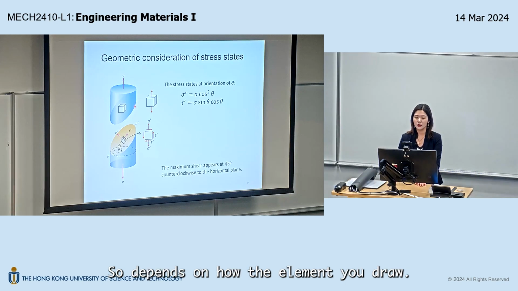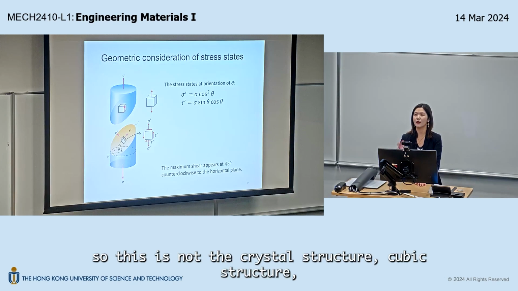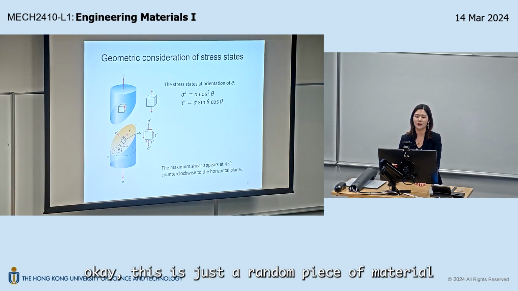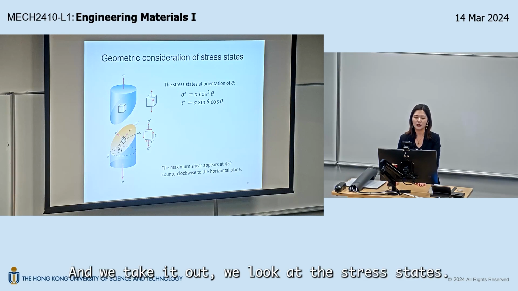It depends on how you draw the element. If you draw a small chunk of material as a cube, this is not the crystal structure, cubic structure. This is just a random piece of material that we take out, and we look at the stress state.